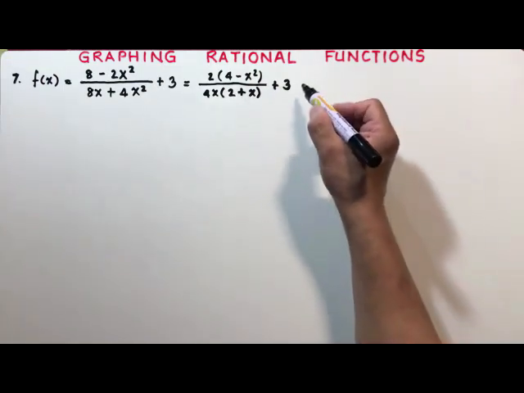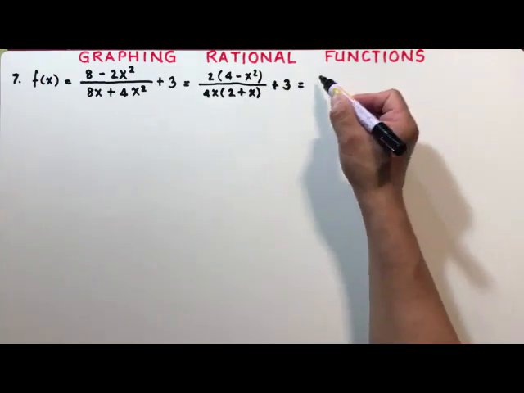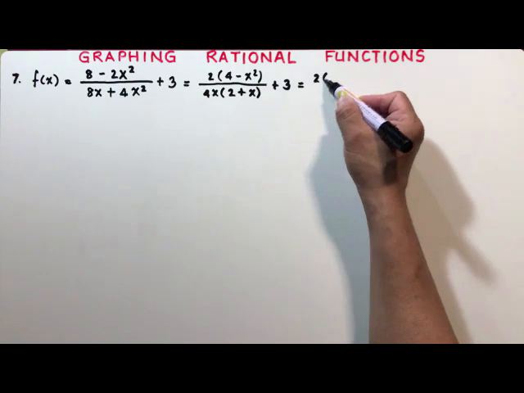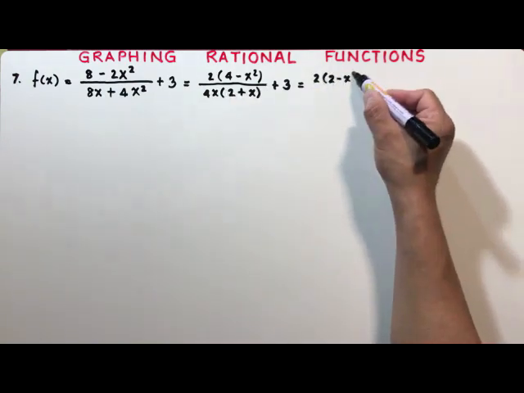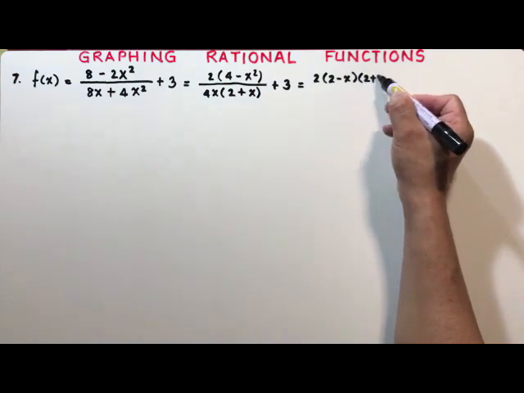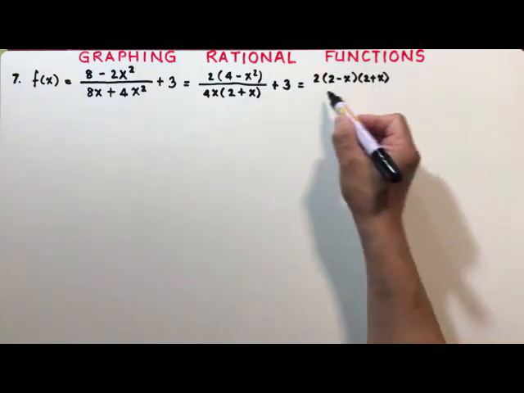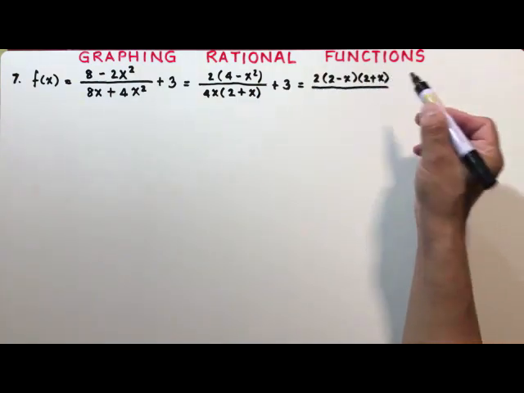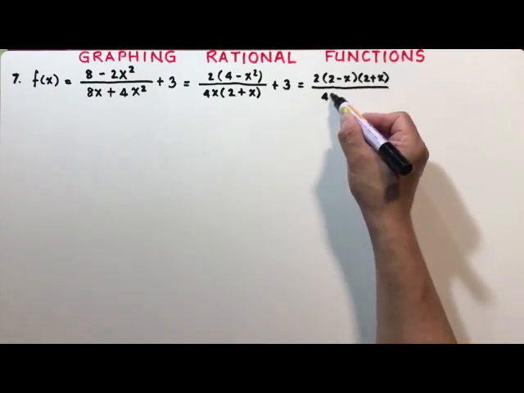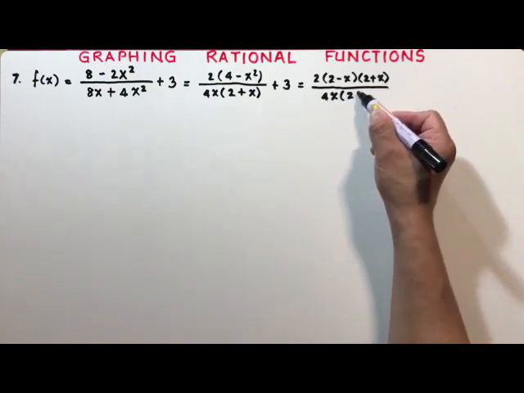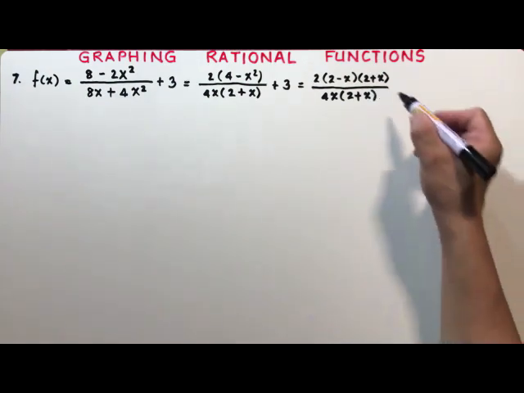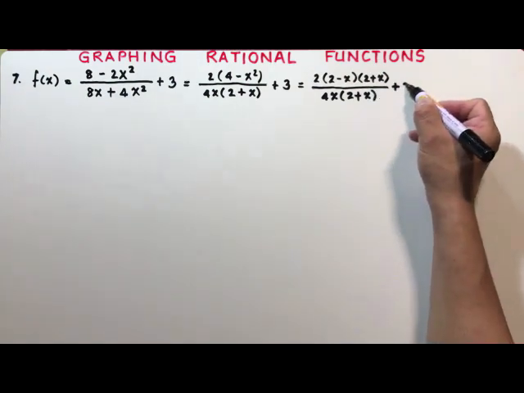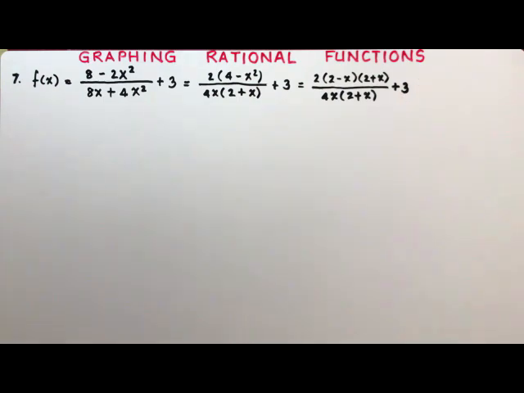We can still factor the numerator, which is a difference of two squares. So we have 2 minus x times 2 plus x, divided by 4x times 2 plus x, plus the constant 3.